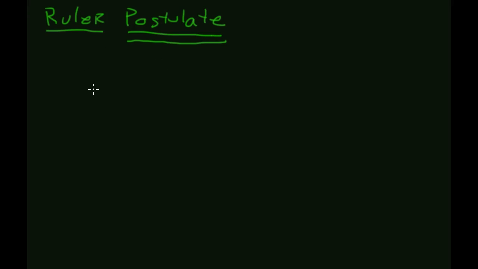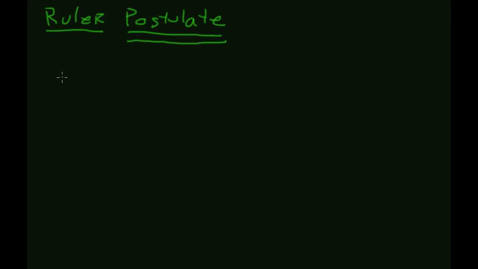Just like an undefined term is something that we don't define, a postulate is a statement that we don't prove. So far we've had 3 undefined terms, point, line, and plane, and we've had 2 definitions: a segment and an endpoint. So now we're getting into statements about these definitions. A ruler postulate is a statement that we don't have to prove. It's something that we believe is somewhat obvious. And not only don't we have to, we can't prove it.